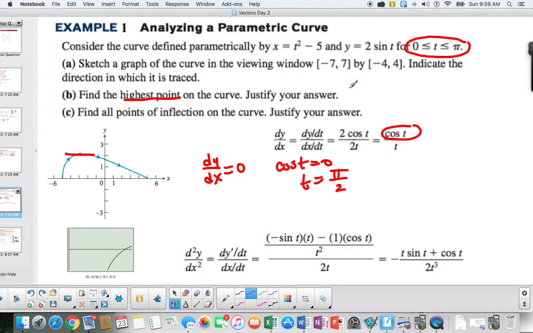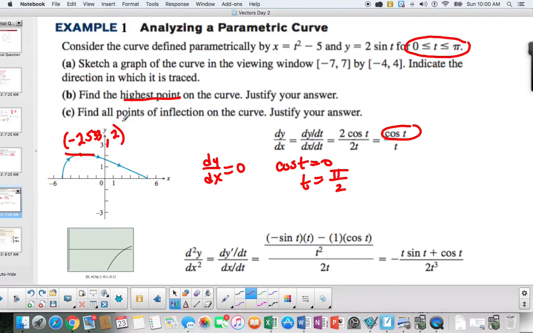And if you put pi halves in here and in here, you're going to get the highest point, and that's going to be at the point, a decimal, negative 2.533, 2.